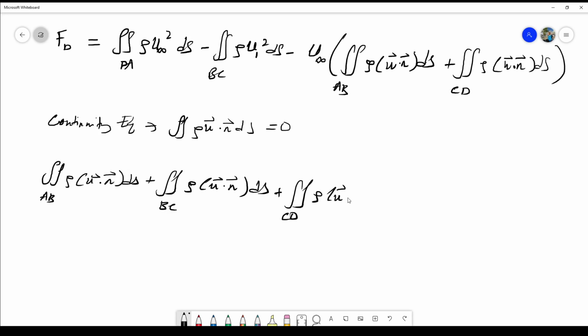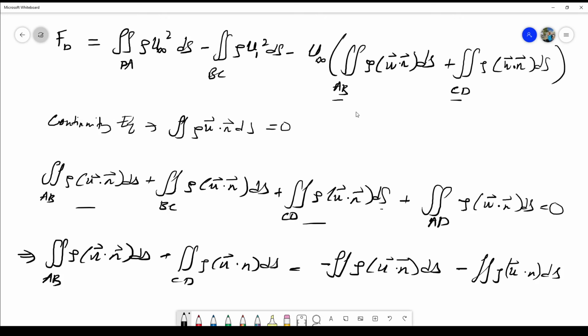We have the same expression here, but on the surface CD. And then the last one, on the surface AD, has the same expression. All of this should be equal to 0. So we found the continuity equation for the surfaces AB and CD, which is equal to these expressions at the bottom here.